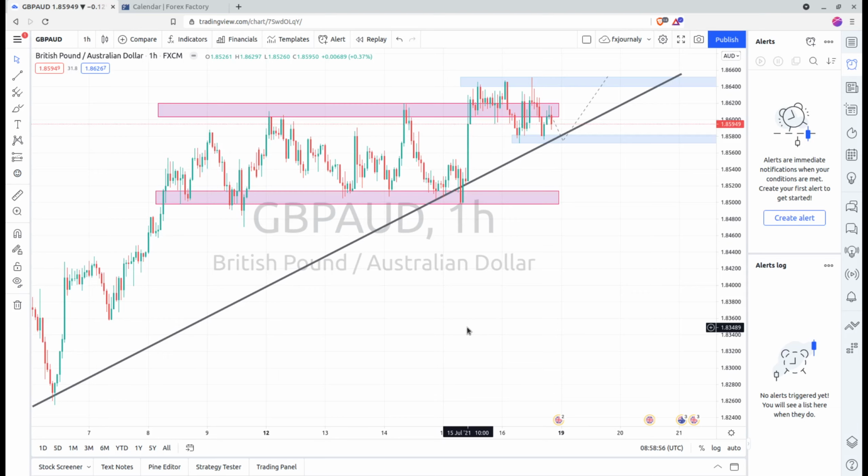That was the entire last week of GBPAUD market movement, a little over 100 pips. I want to say it was probably somewhere around 110, maybe 112 pips. That was the range. It just went up, went down, went up, went down.